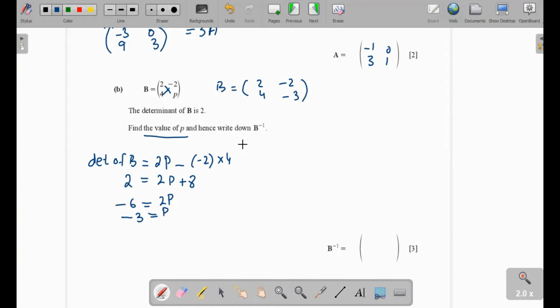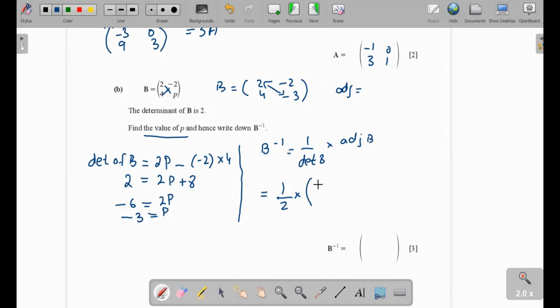Now we have to find the inverse, B inverse. B inverse equals 1 over determinant B into adjoint of B matrix. Now the determinant is already given as 2, and the adjoint B matrix, we can find by interchanging the diagonal.